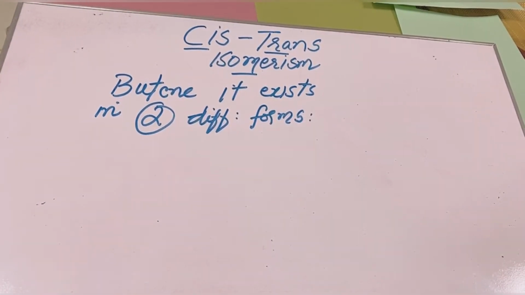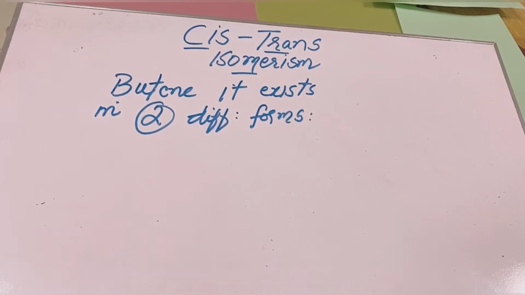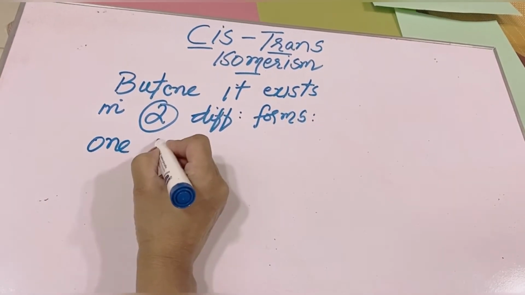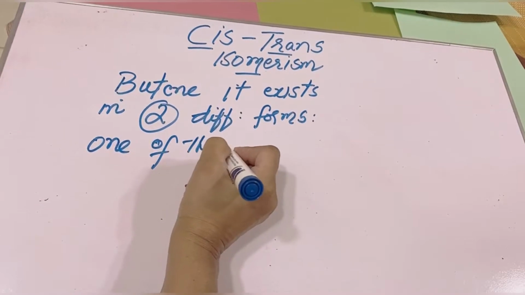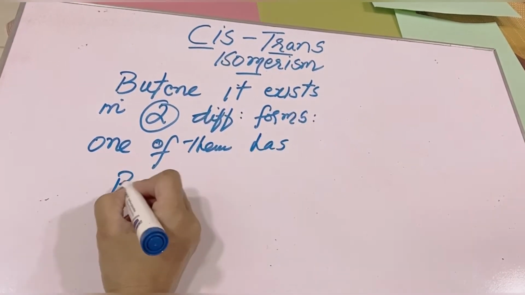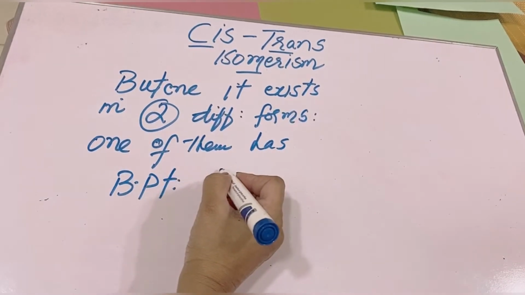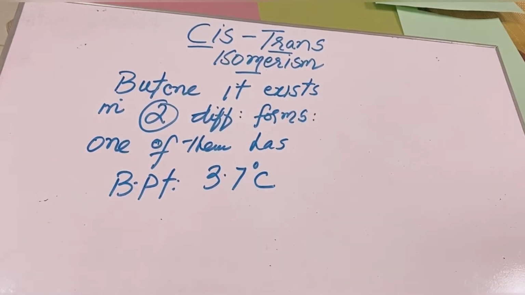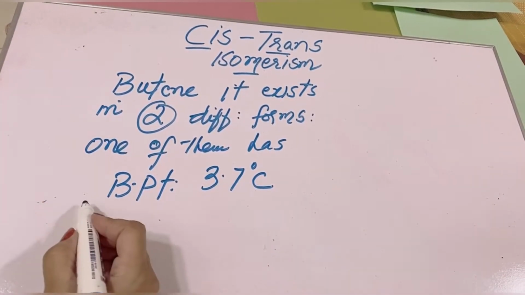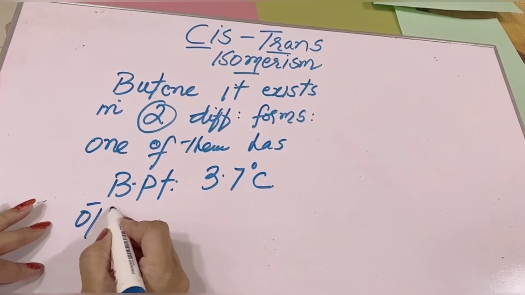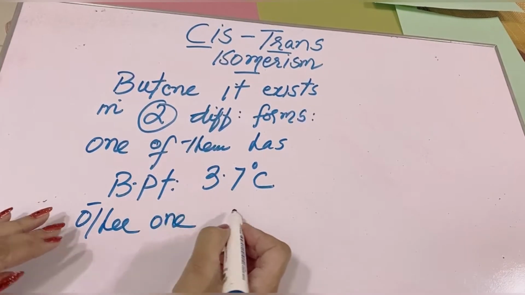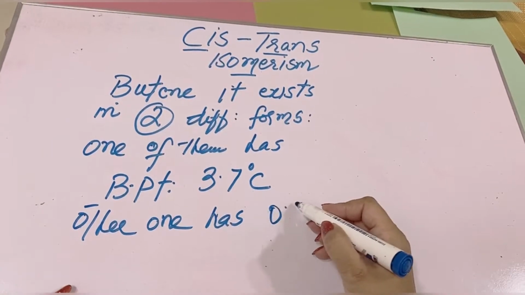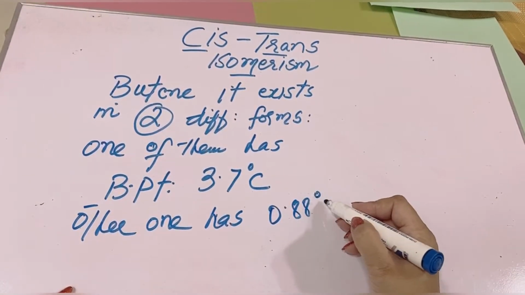Now the 2 forms, one has a boiling point of around 3.7 degrees centigrade, whereas the other one has 0.88 degrees centigrade.